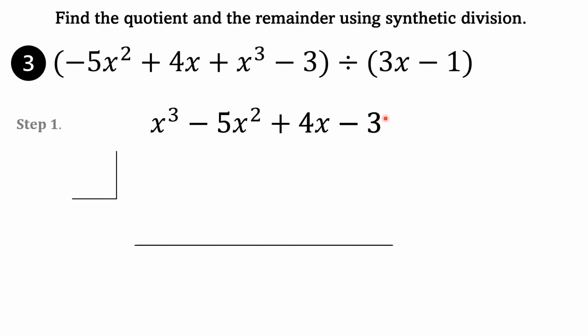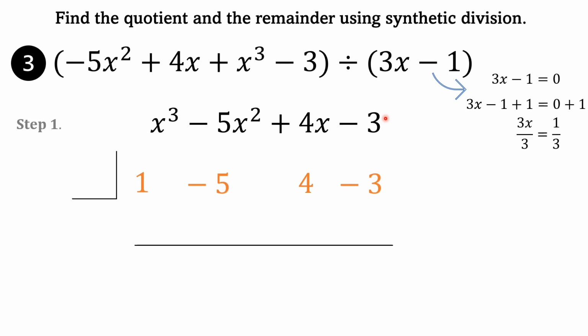Then next, list the coefficients of the dividend in the first row of the synthetic division, then extract the value of x by equating it to 0, then adding 1 to both sides to get 3x equals 1, then dividing both sides by 3 to get x is equal to 1/3.